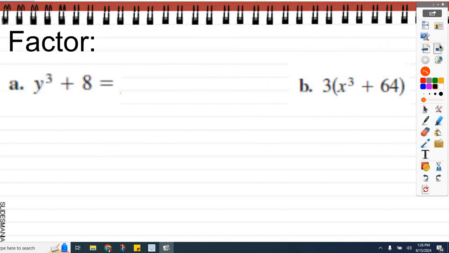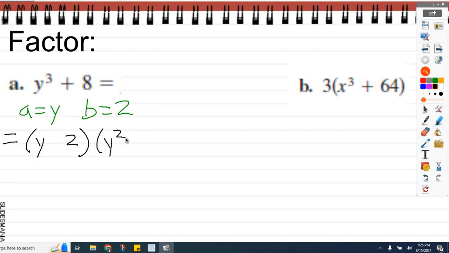So this one's an addition one. What's our A value for this one? Y. What's our B value? 2. So again, we have A, B, A squared.